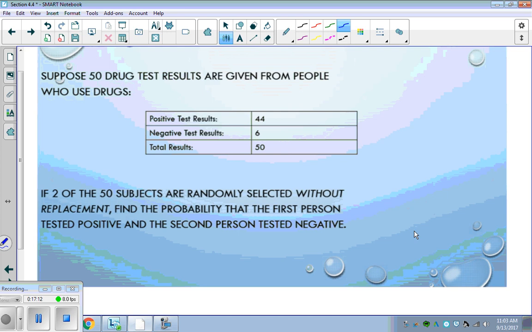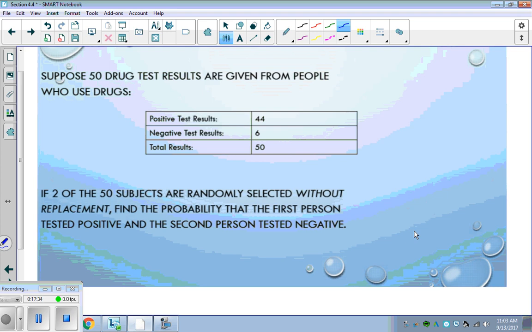And there's my results. If 2 of the 50 subjects are randomly selected without replacement, find the probability that the first person tested positive and the second person tested negative.